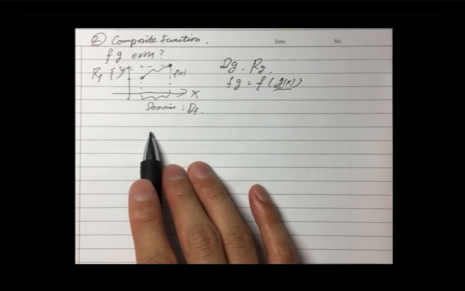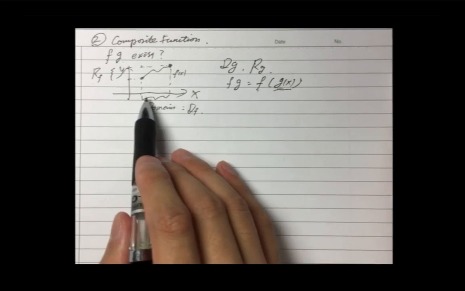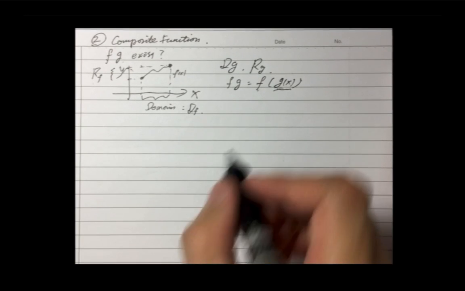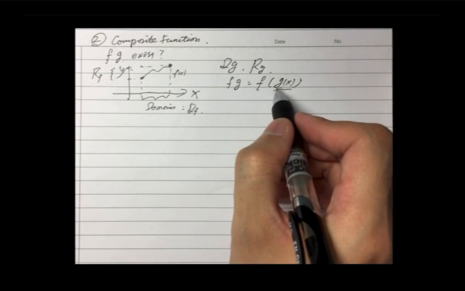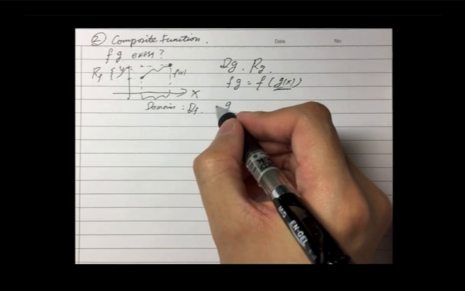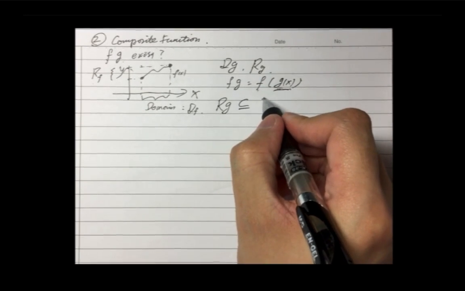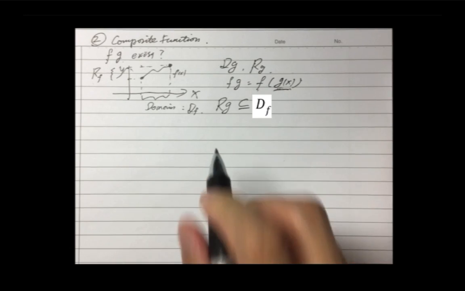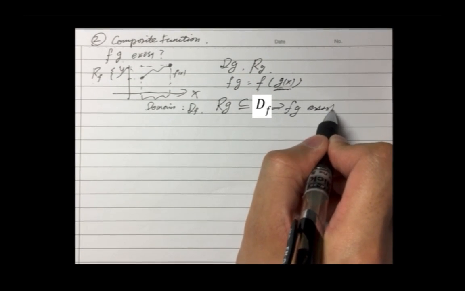So g must be within f's domain, right? That means g's range must be within or equal to f's domain. Then fg exists.